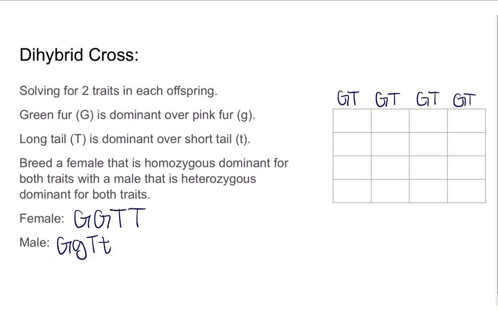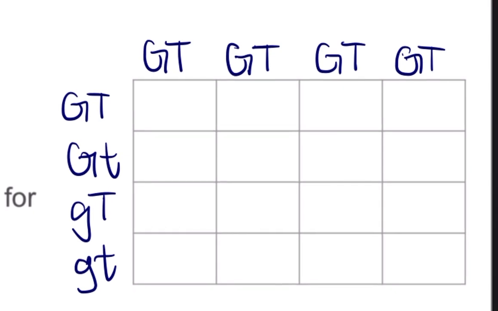So it's going to be big G, big T, big G, little t, and then we've got little g, big T, little g, little t. So now let's solve our cross.